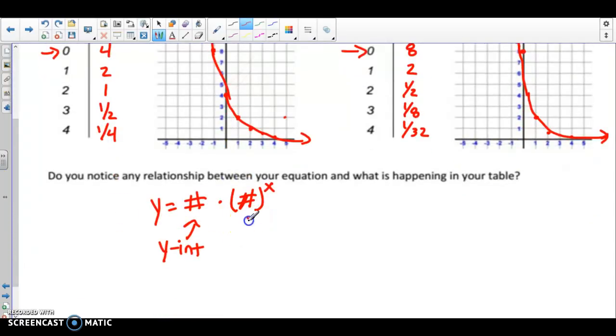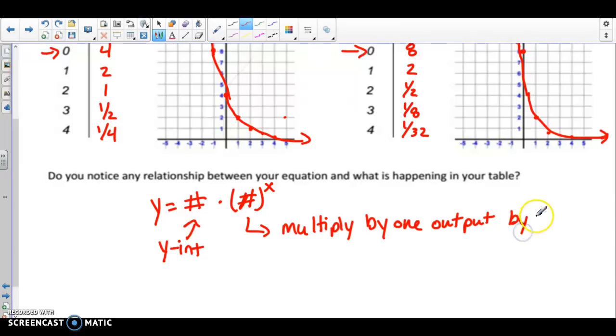So this number inside the parentheses or with x is what we multiply by one output by this number to get the next one.